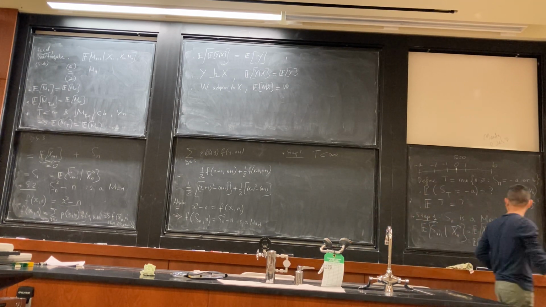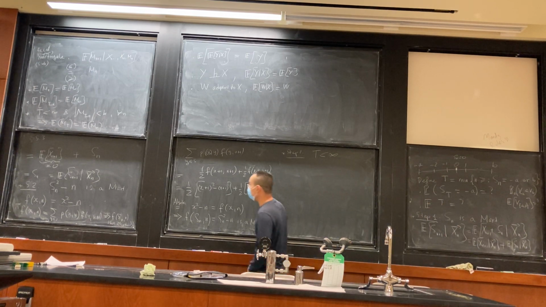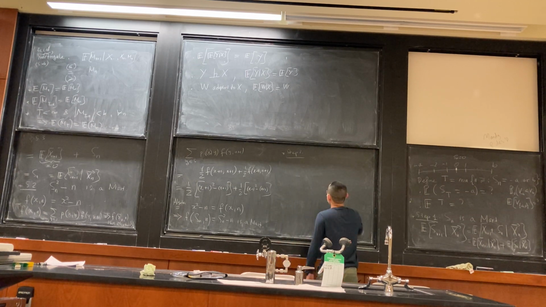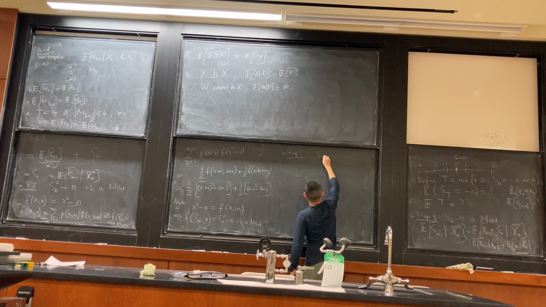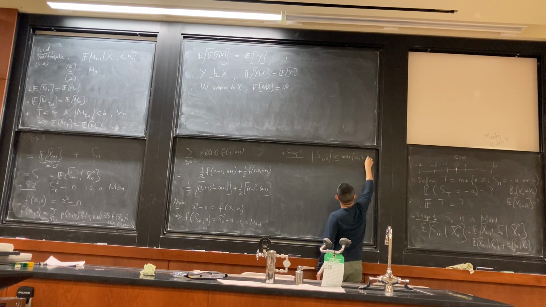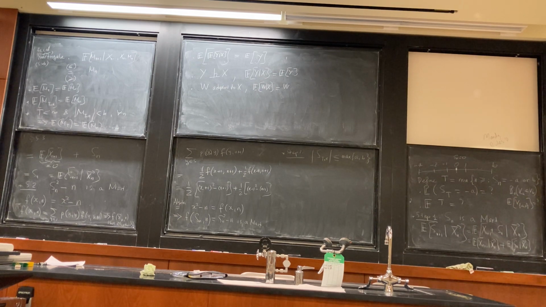I'll go through this step a bit slowly, since it's too fast otherwise. The next step is the observation, by the maximum of n. If you think about it, take T minimum n.